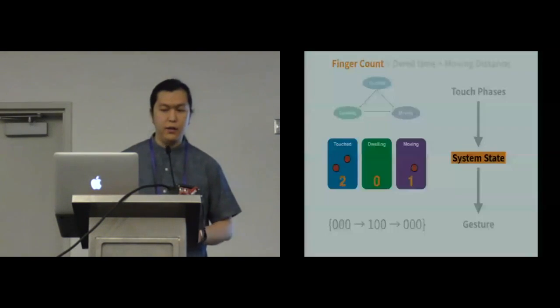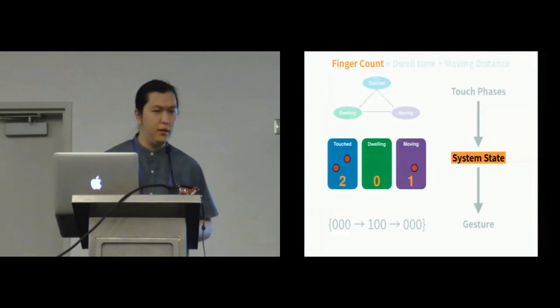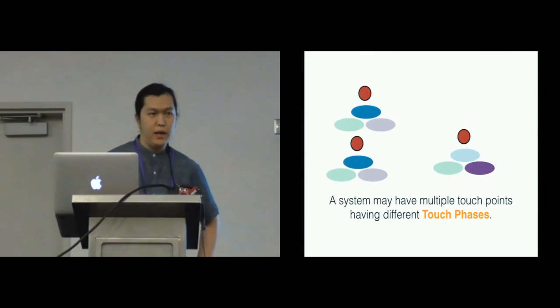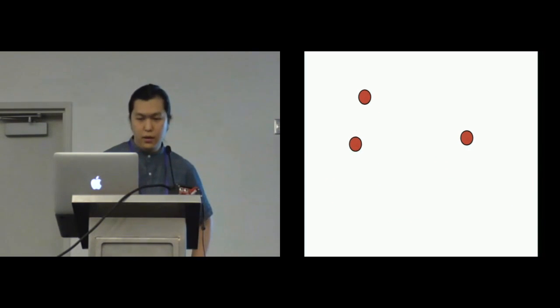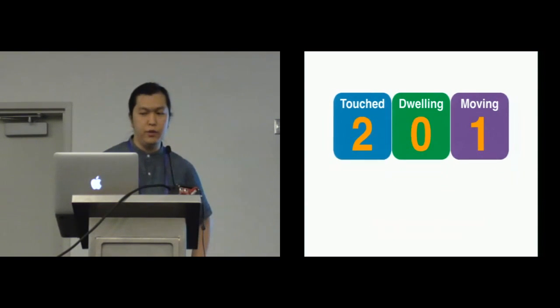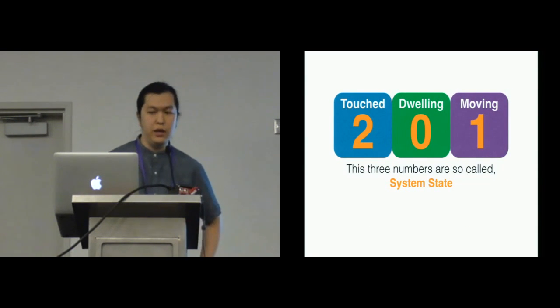Okay, now that we have defined the touch paces, we move on to the system state. A system, in other words a multi-touch device, may have multiple touch points in different touch paces. The system enumerates the number of touch points in each pace and represents them as three numbers. These three numbers indicate the so-called system state.